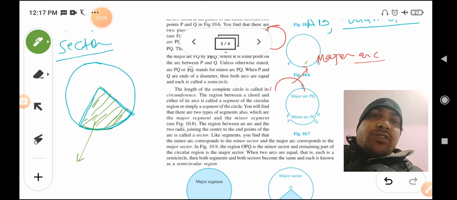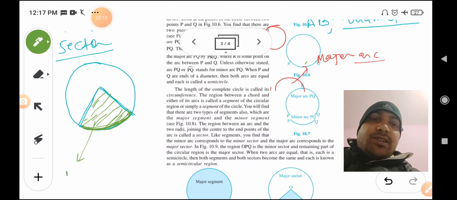Since this one is a minor arc, it is known as the minor sector.